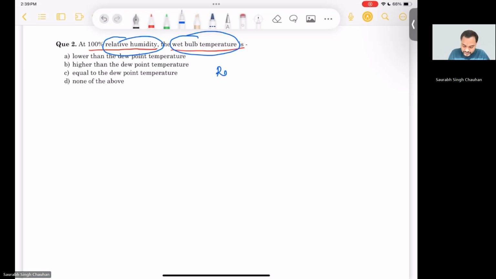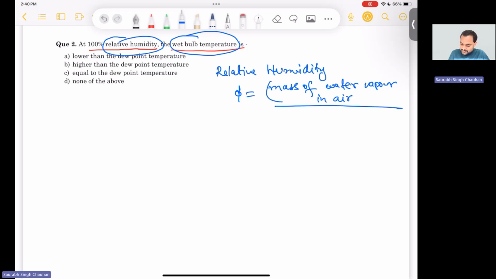So one is relative humidity. It is defined as the mass of water vapor in the moist air divided by the maximum mass of water vapor that can be present at the given temperature.